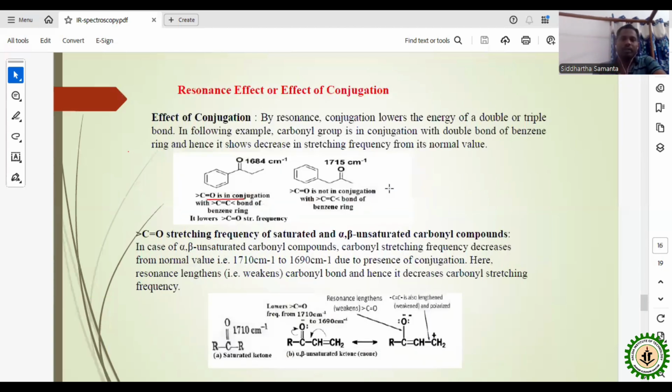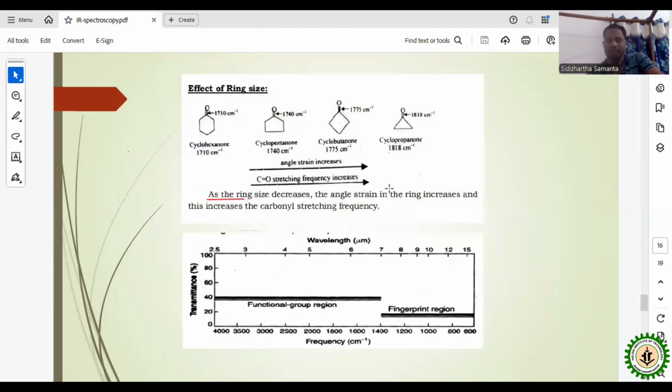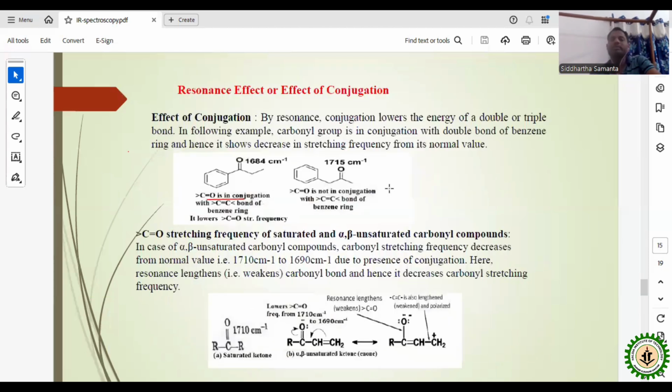Now, what is the effect of conjugation? Conjugation effect: if we see that a carbonyl compound is conjugated with a double bond or with a benzene ring, due to this conjugation, the carbonyl stretching frequency is reduced. Due to resonance, its CO double bond is converted somewhat toward CO single bond.